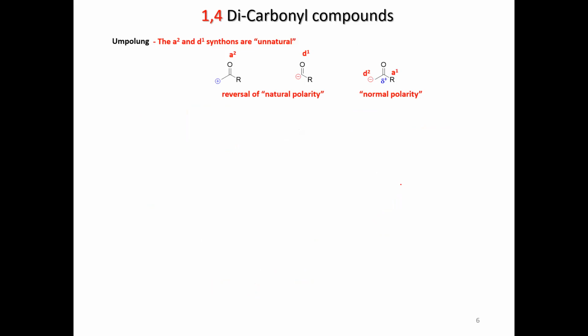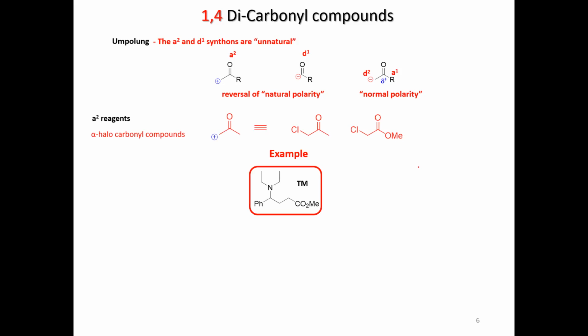Yes, we're using the natural polarity and the reverse of the natural polarity here, but normally speaking, for the 1,4, you might have an alpha halo carbonyl compound, and you use the other carbonyl source in the normal way, exploiting the alpha protons, not the electrophilicity of the carbonyl, so that you can exploit the nucleophilicity of that carbon alpha to the carbonyl.